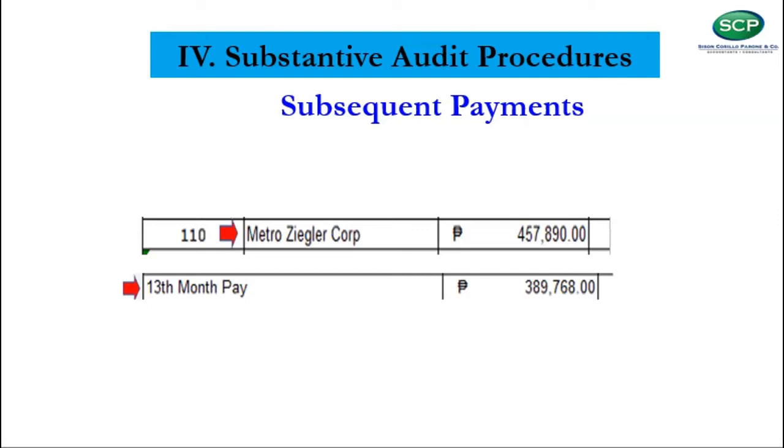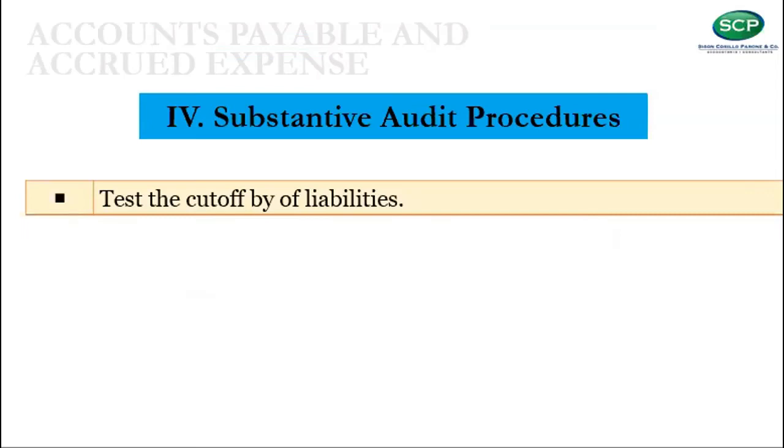So the next audit procedure we will discuss is to test the cutoff of liabilities. Forming part of the search for unrecorded liabilities activity is verifying whether purchases cutoff procedures were made by the company. This purchase cutoff procedure should be done in conjunction with the audit of inventories.